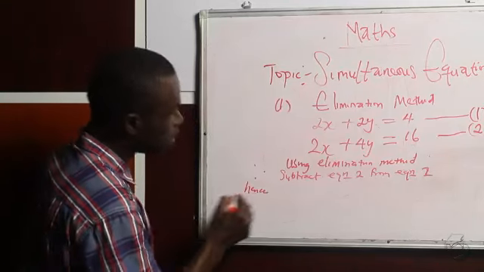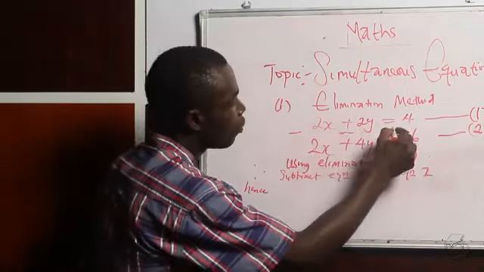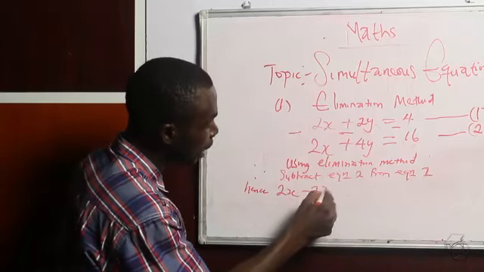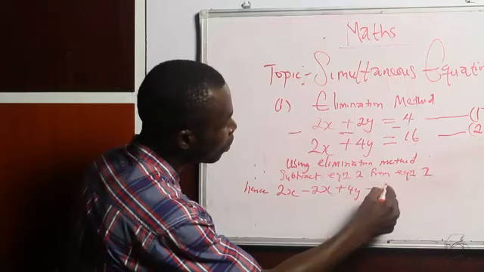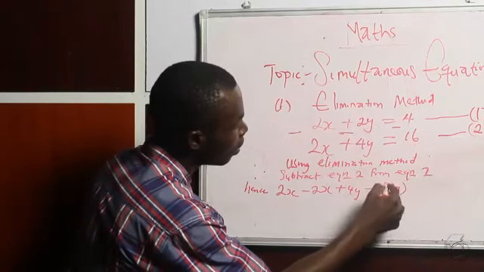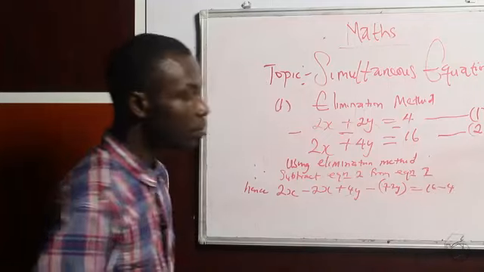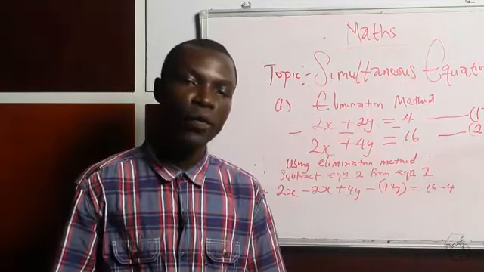Hence, we subtract equation 2 from equation 1. Hence, 2x minus 2x plus 4y minus plus 2y equal to 16 minus 4, because we want to eliminate x so as to find the y variable.